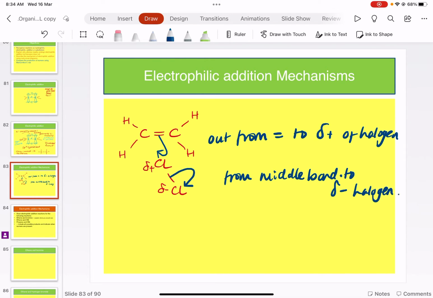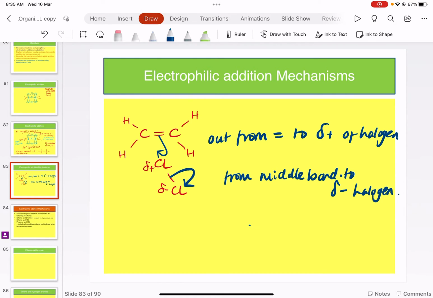Now this seems a bit counterintuitive because you might be thinking the electrons are moving from the bond and then they're going to an area of negativity. So why are the negative electrons moving towards the negative? That's the most common misconception, misunderstanding, or difficulty that students have with this. It's not that they are moving there because they're attracted there. They're moving there because they are pushed there.